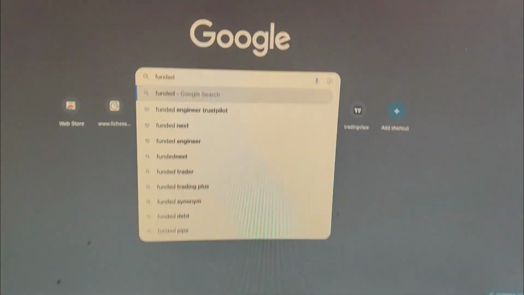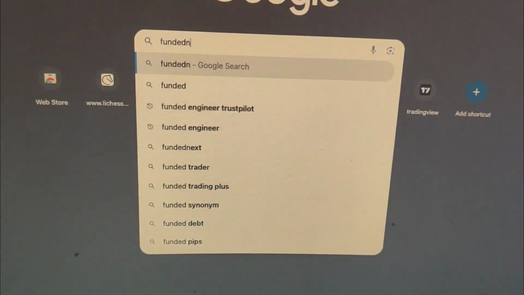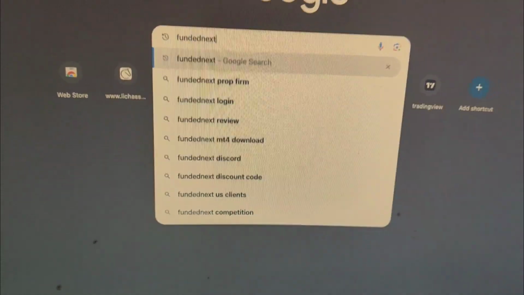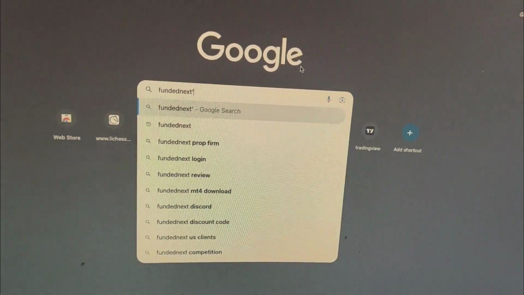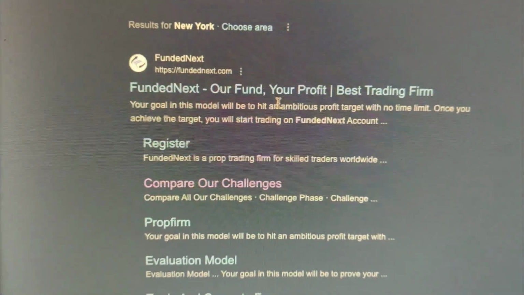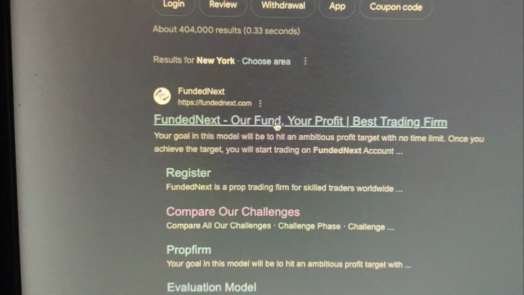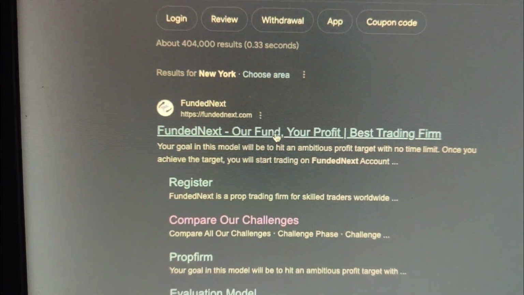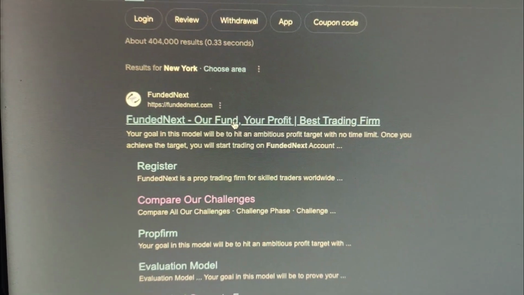So many prop firms are going down. So instead of risking that small amount of $160 to buy, look at this, FundedNest. Let's go to FundedNest. Let's see how much they sell the accounts.